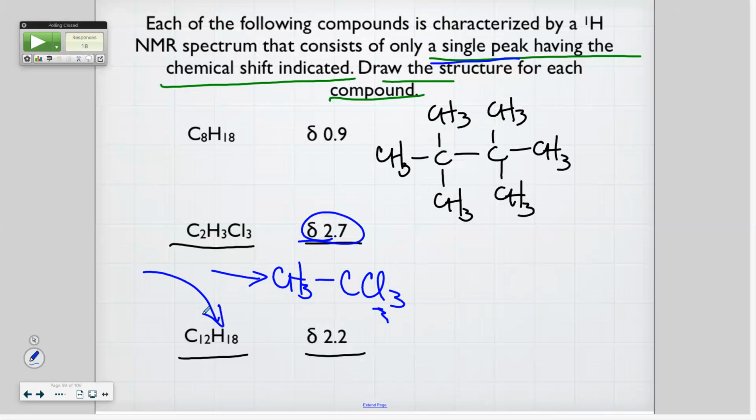Sort of like, draw something down. See if you can make something that fits the formula, even if they're not all the same kind, because like I said, it's going to tell you something about the structure.